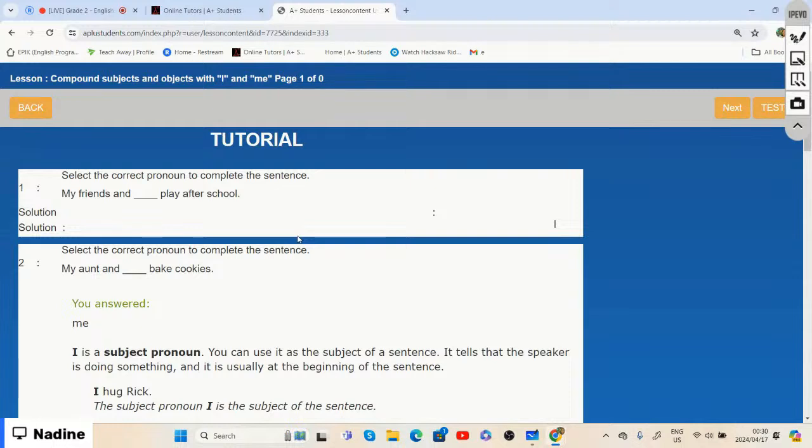So if I say my friends and blank play after school, do we say my friends and I play after school or my friends and me play after school?